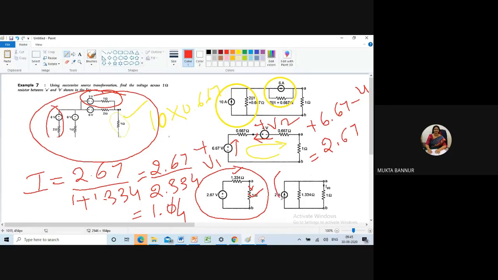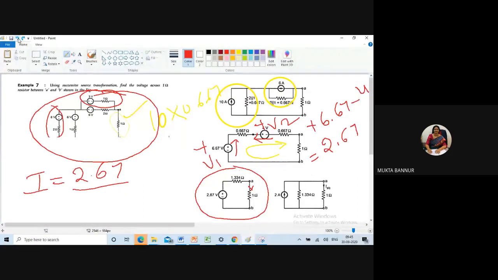Right. So the same answer I am going to get by using current division. I am going to apply the current division rule. This voltage source has been transferred to an equivalent current source here. Now we will get the same current by using the current division rule. What's the current division rule?